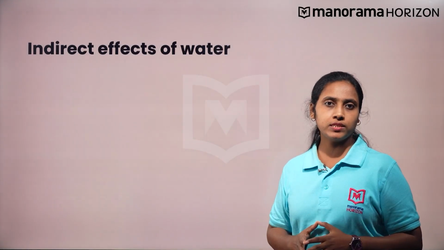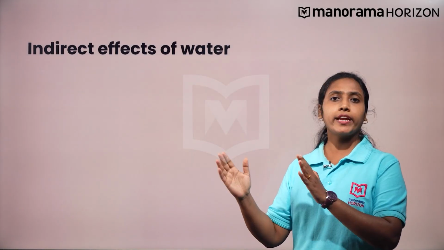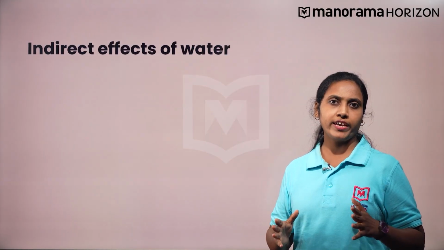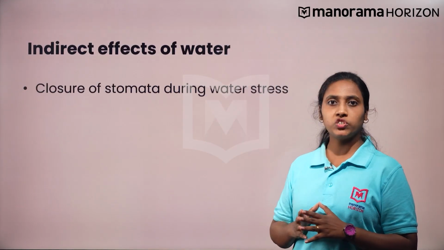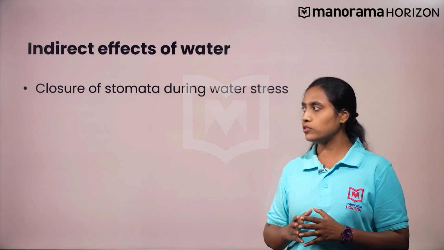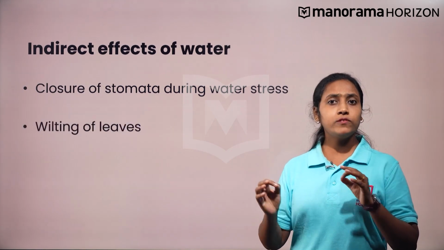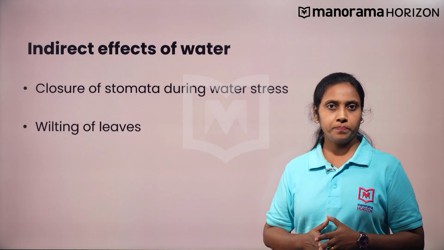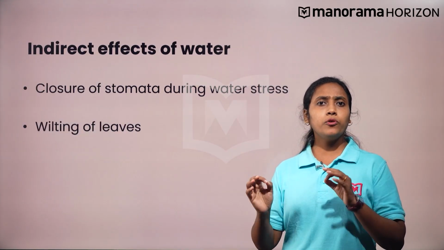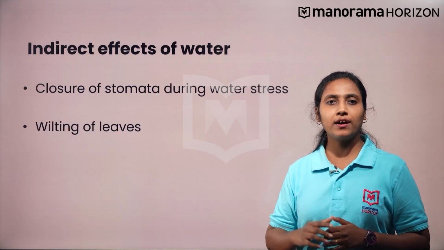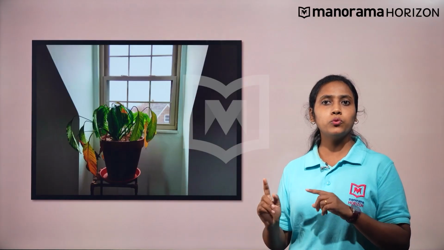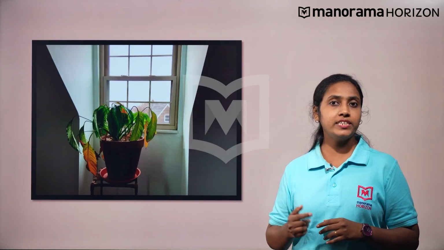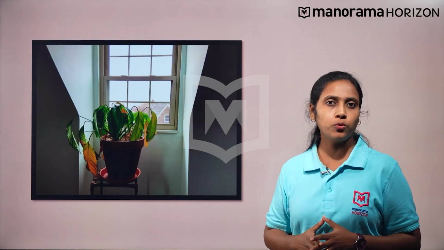During photosynthesis, water indirectly causes many effects such as water stress can cause the stomata to close, leaves to wilt, etc. Now you might be clear why the plants kept by Rohit in his room wilted and turned yellow when he was not at home for 10 days.